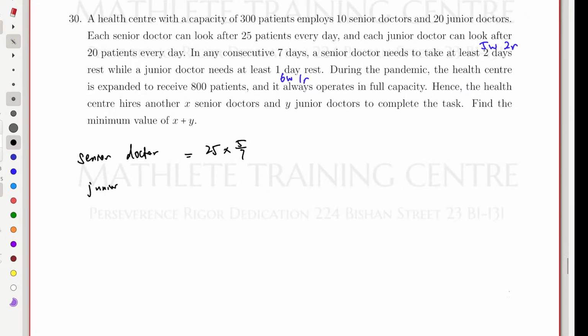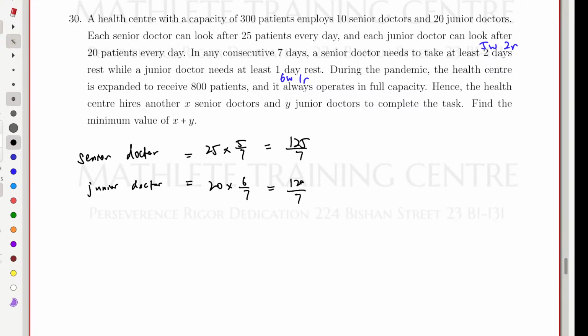For a junior doctor, it's going to be 20 times 6/7, right? Because a junior doctor takes 1 day of rest. So a senior doctor can care for, on average, 125/7 per day. Then a junior doctor can care for, on average, 120/7 per day.